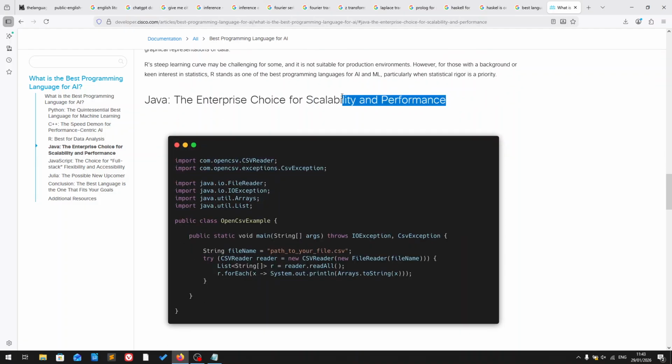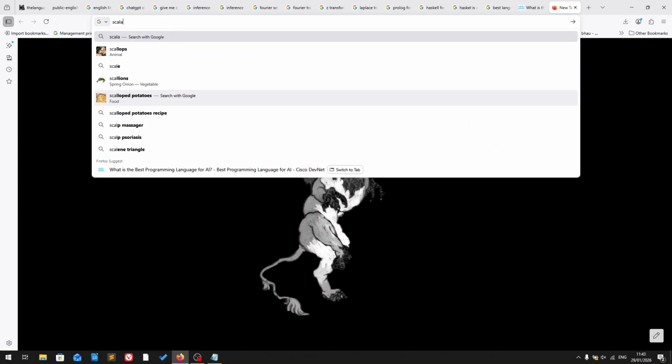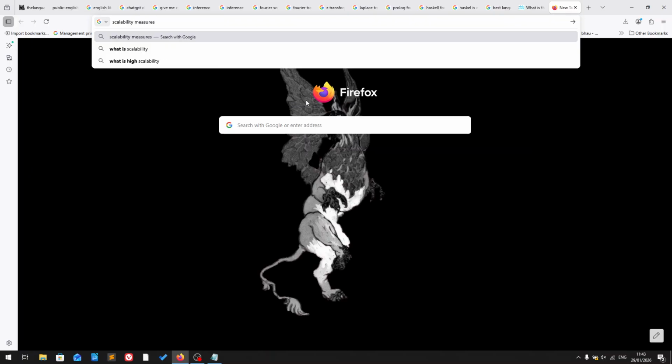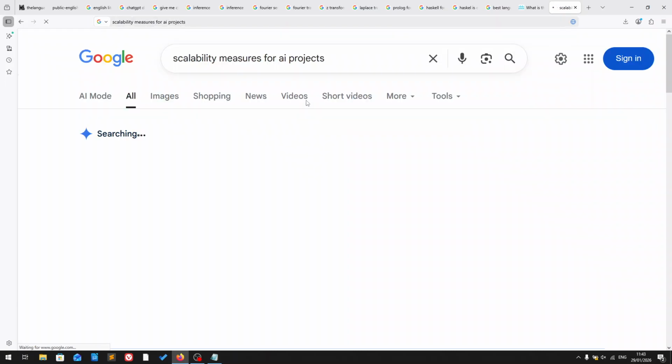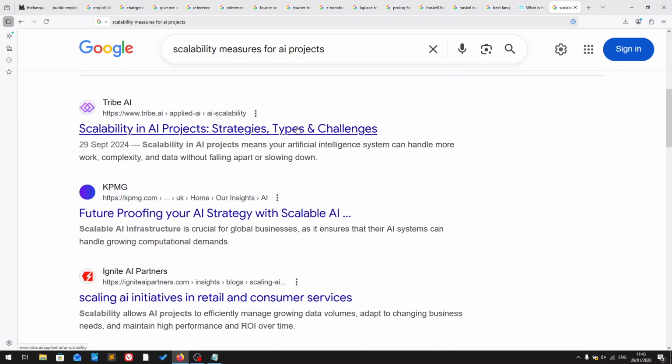So scalability and performance. That's a lot of scalability measures for AI projects. So you can find it here.